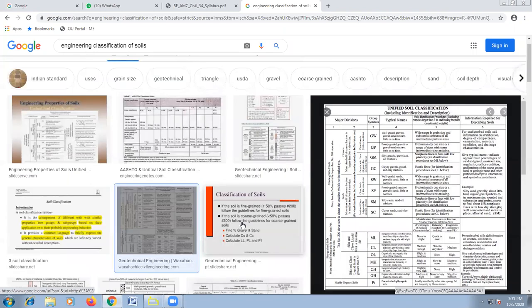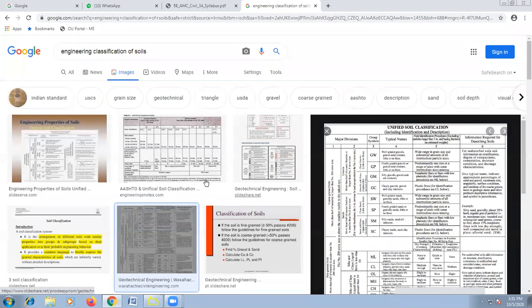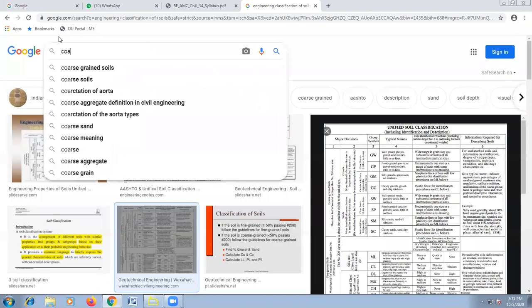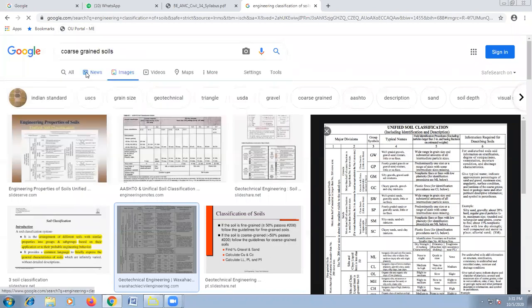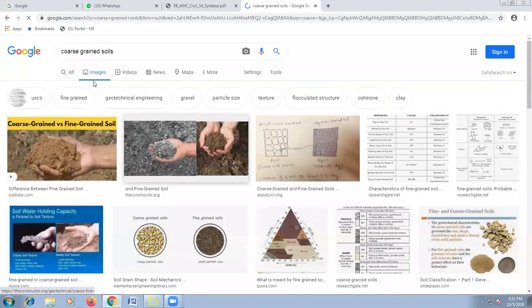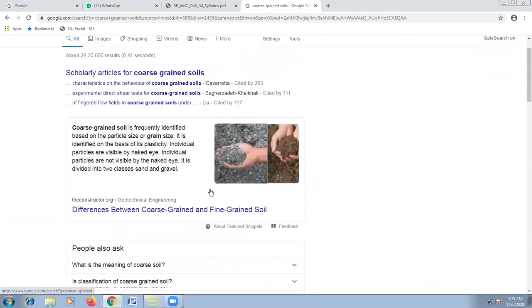I'll be just mentioning some of the types under this. So you have coarse grained soil. These are coarse grained soils.